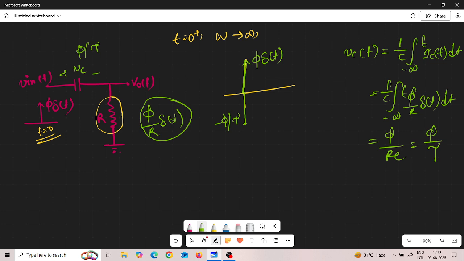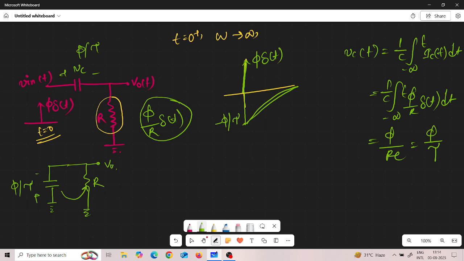After t equal to 0 there is no input, so our circuit basically looks like this. Here the voltage is Φ by tau and here the resistor is present. Eventually the capacitor discharges through the resistor and gradually its value becomes 0. So this is the output waveform.